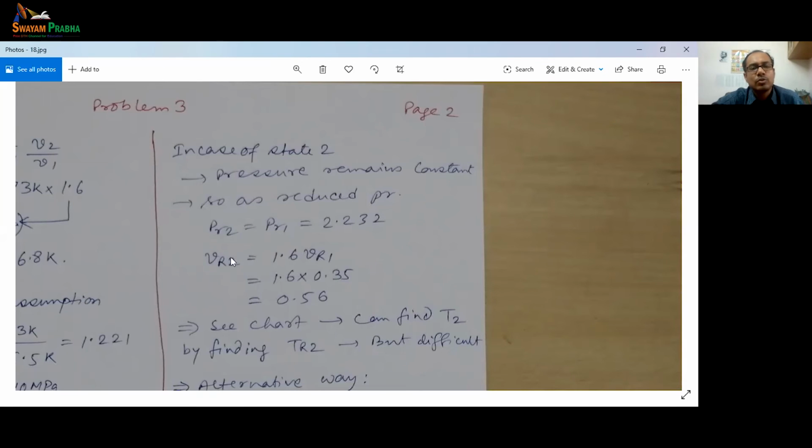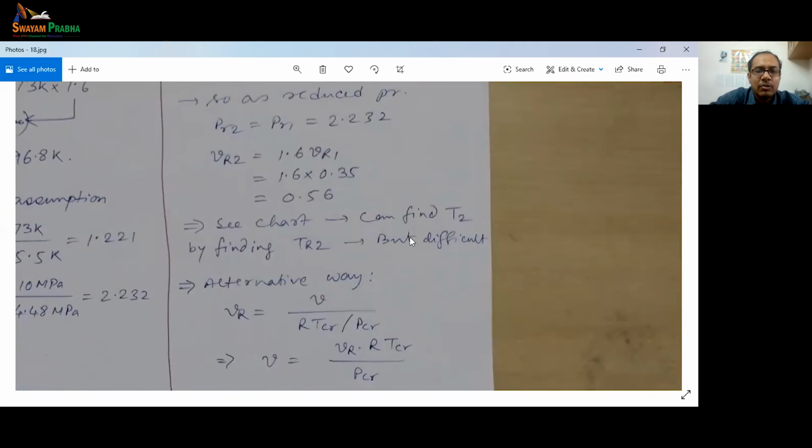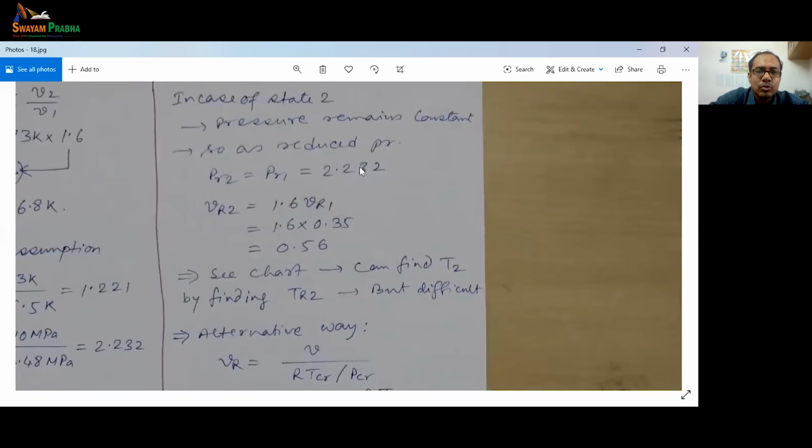And VR2 is nothing but 60% more than VR1, so that means 1.6 times VR1. So VR2 is 0.56.